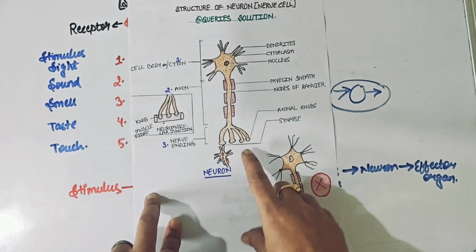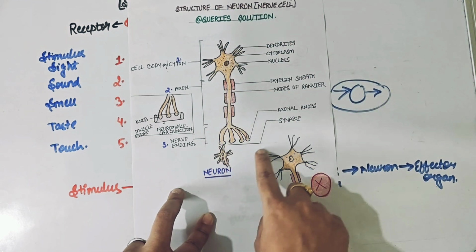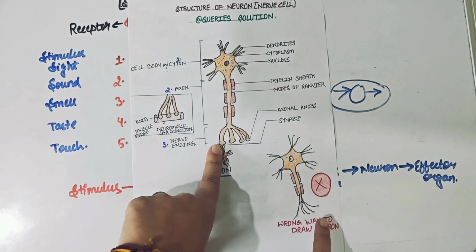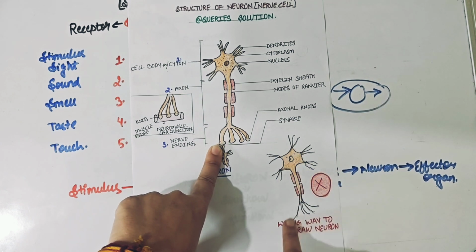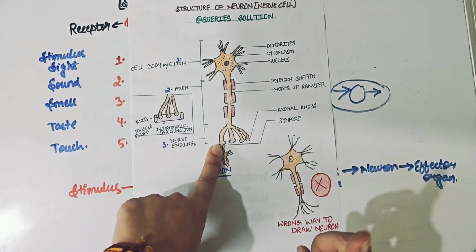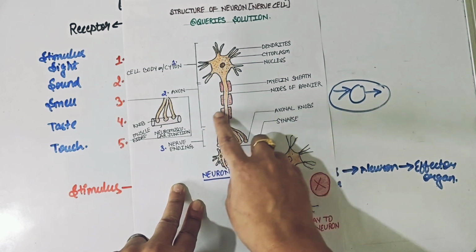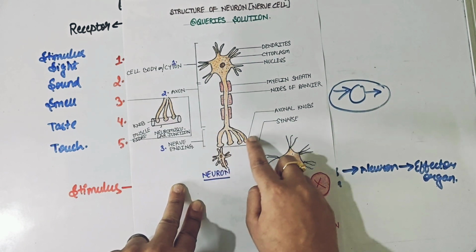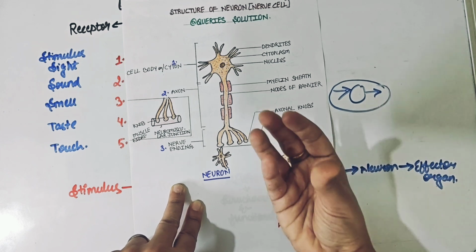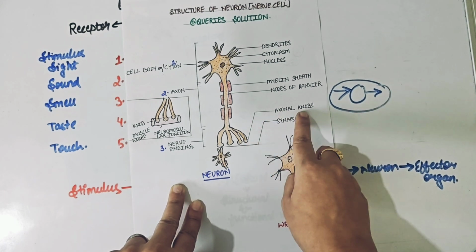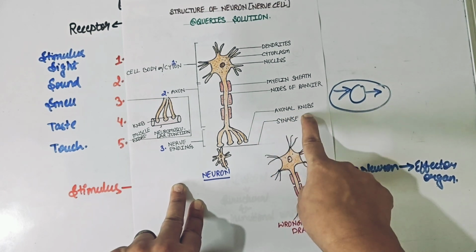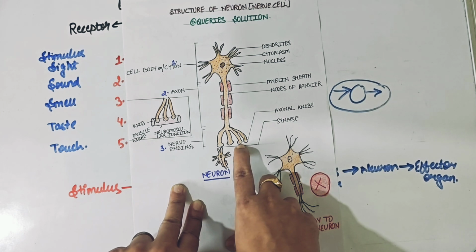Alright, and coming to the last part, this ending that you see is also a problem in this diagram. Many children draw the ending also hairy, which is wrong, because in a neuron, in the ending regions, the base part is a swollen knob kind of structure, and that's why we call them axonal knobs. So remember this important thing when you are drawing.